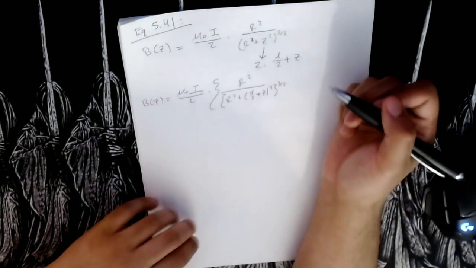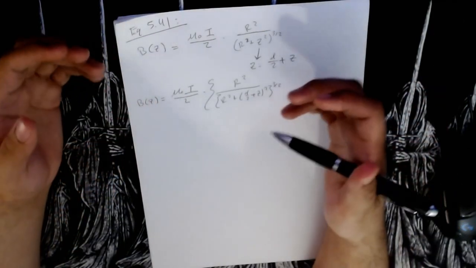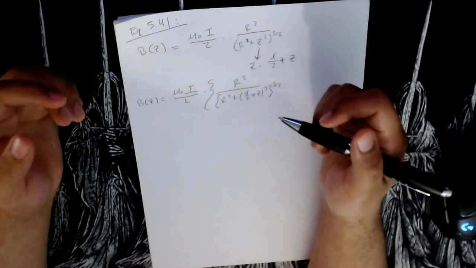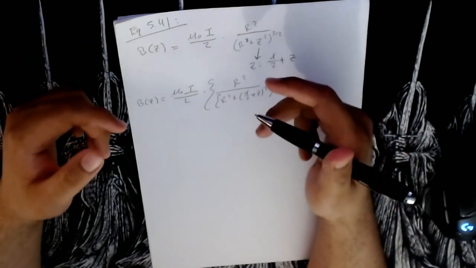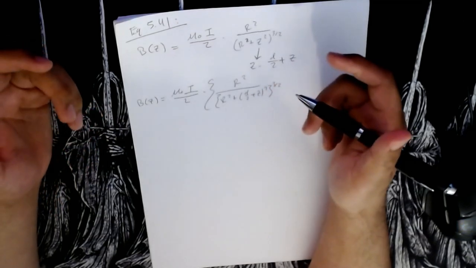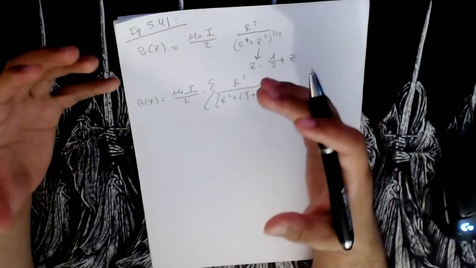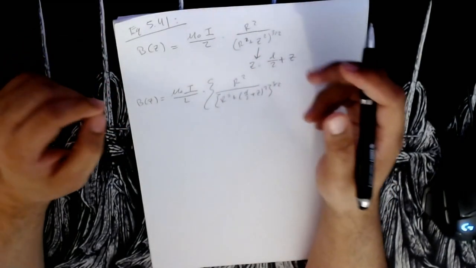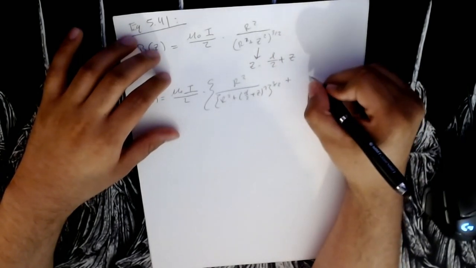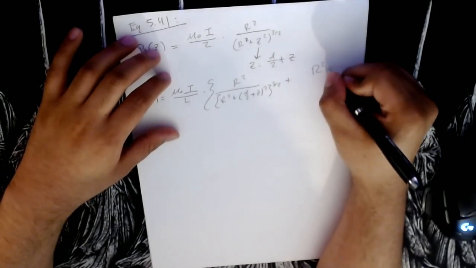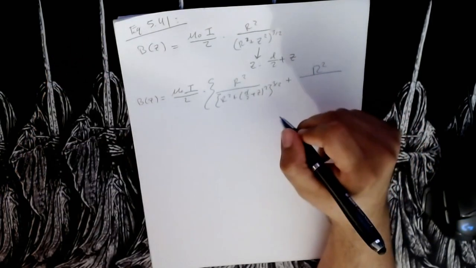Another thing we can employ is superposition, because we have two circular current loops. We can use superposition to find the total magnetic field from these two current loops. So we'll just have to add a second term for the second loop.